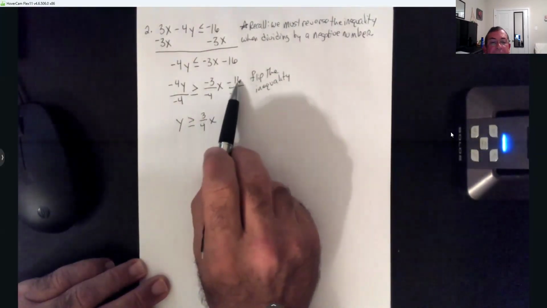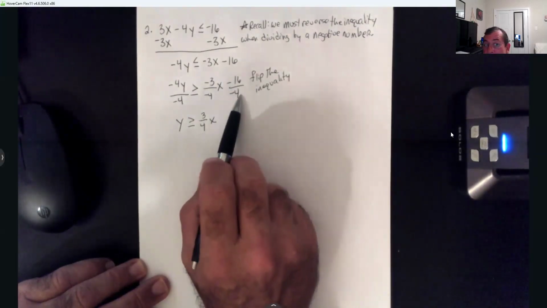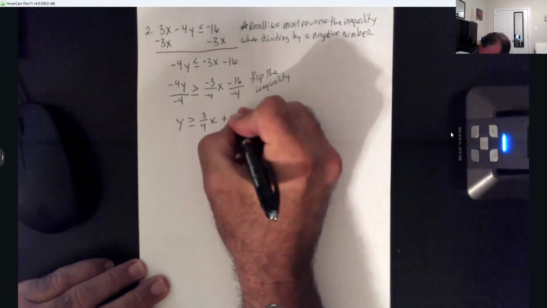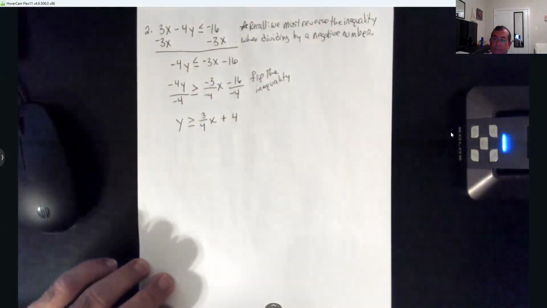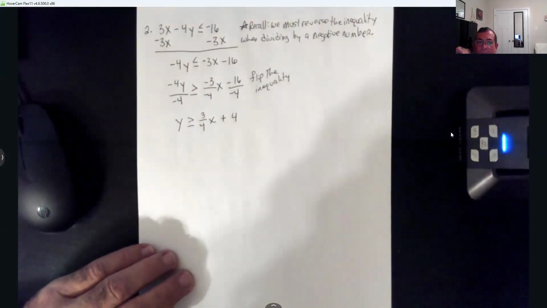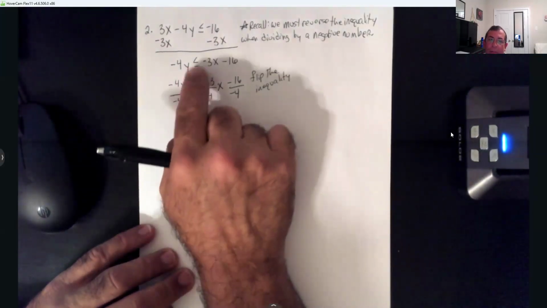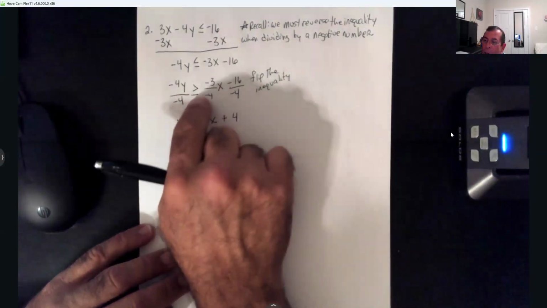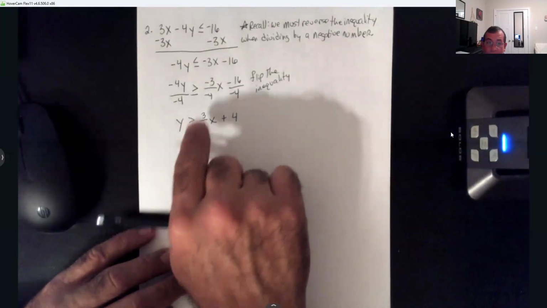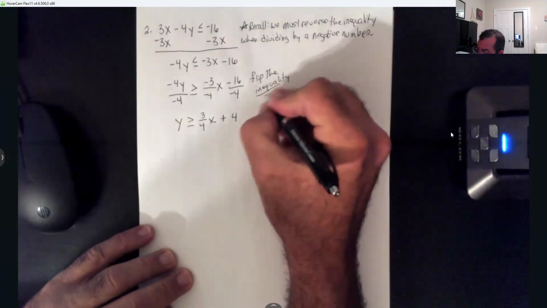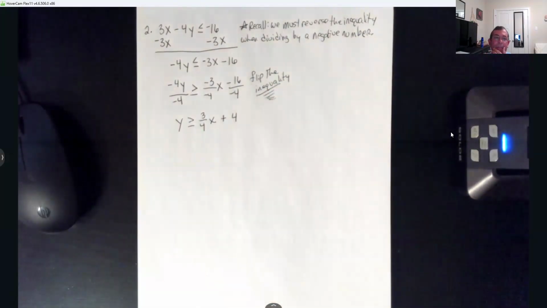And then this negative 16 divided by negative 4 makes that a positive 4. So the trick where I get people on this is they forget to reverse that little inequality when they divide by these negative numbers, okay? So you got to do that move right there.